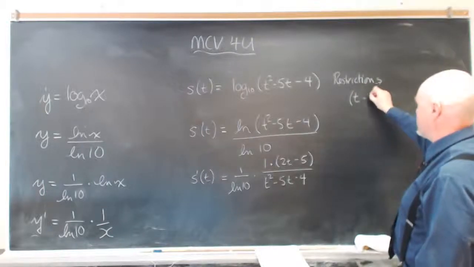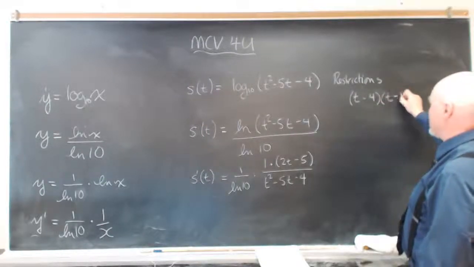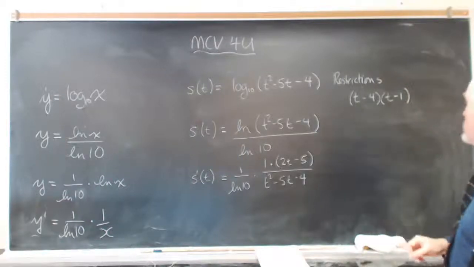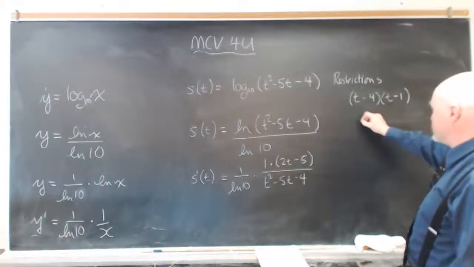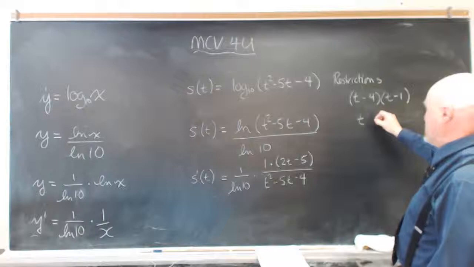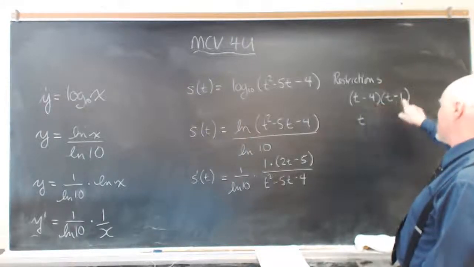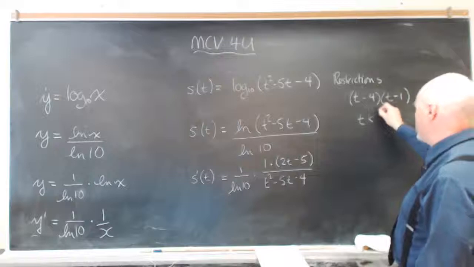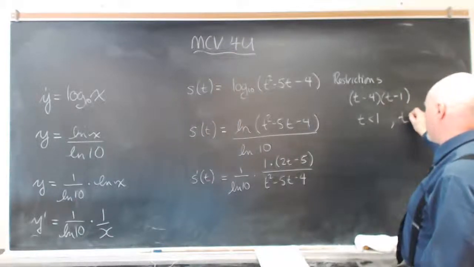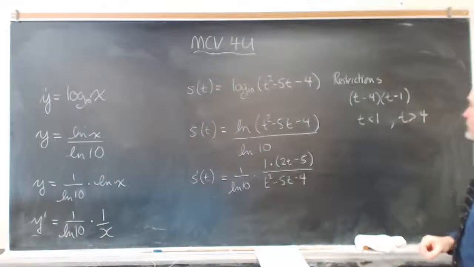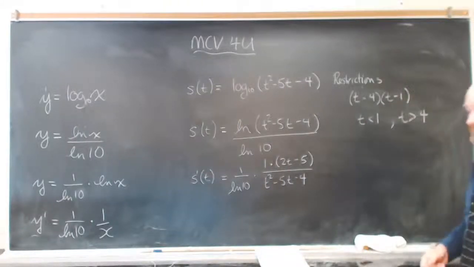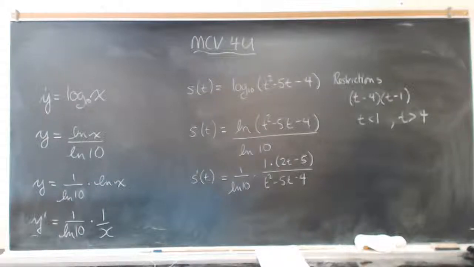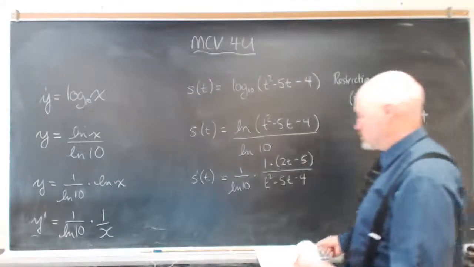This would factor into t minus 4 times t minus 1, and so we'd have to say that t needs to be either less than 1 or t needs to be greater than 4. Ordinarily I would do that with an interval table, but just to keep it in the domain.